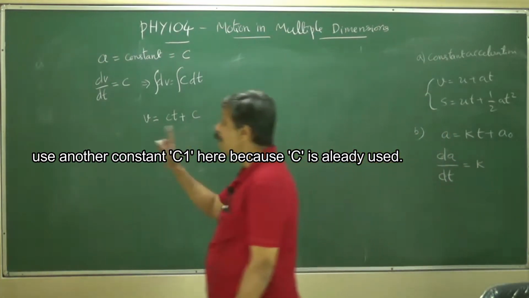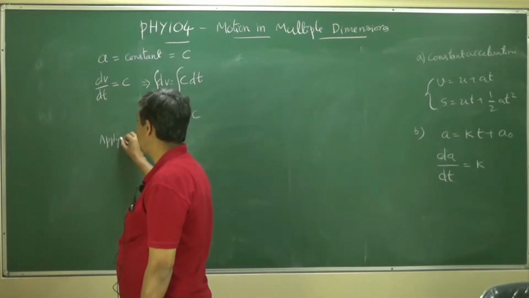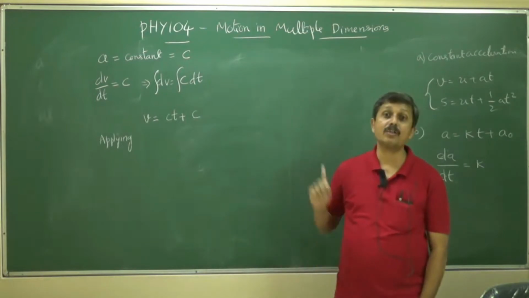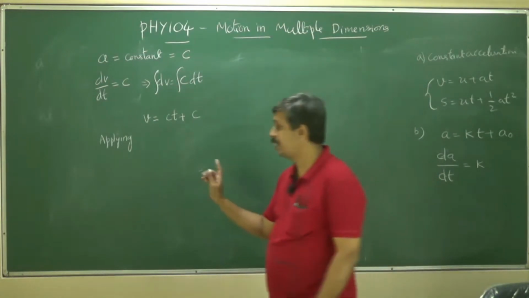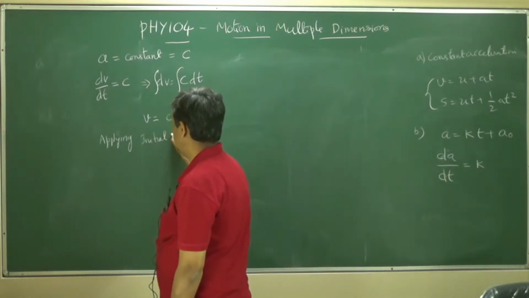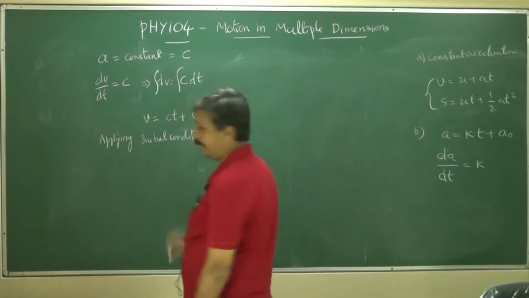So what is our next step? Applying initial conditions. This step is something that people always either neglect or don't want to do. That is when most people go wrong. Applying initial conditions is the only important step in all these things. Keep writing that all the time.